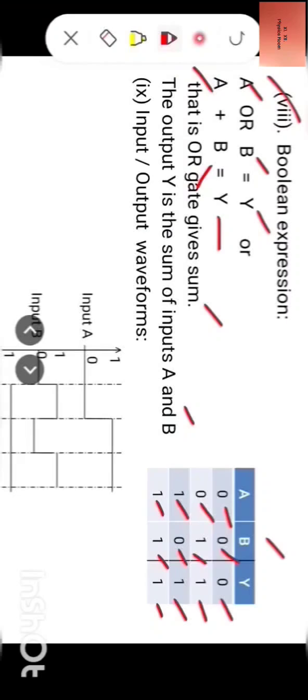So here in binary 1 plus 1 is 1 0. So for high we write 1 only.